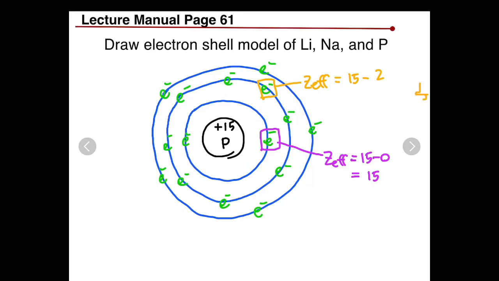Total would be 13. The outer shell electron right here would have an effective nuclear charge of 15 minus the shielding electrons, 2 plus 8, total 10. Therefore, in this case it's going to experience plus 5 of nuclear charge. Okay, these are positive because it's the charge of the nucleus, right? So it would be positive.